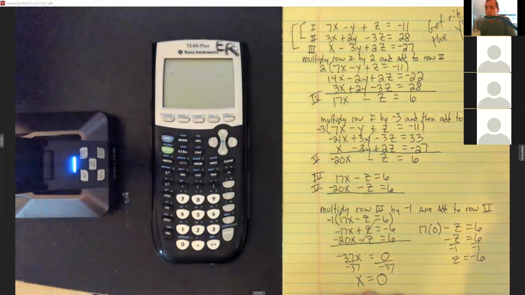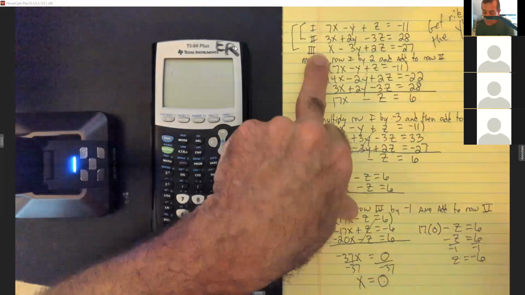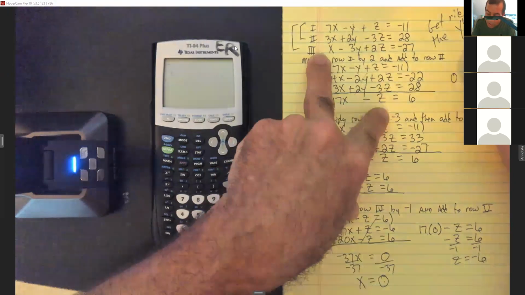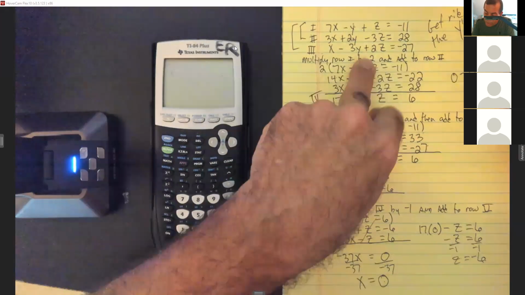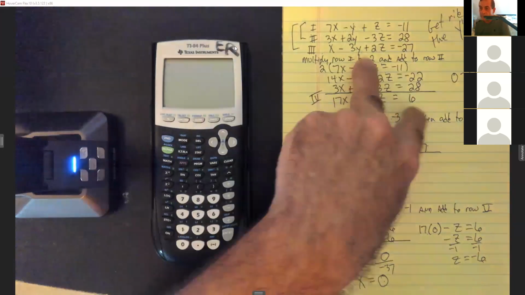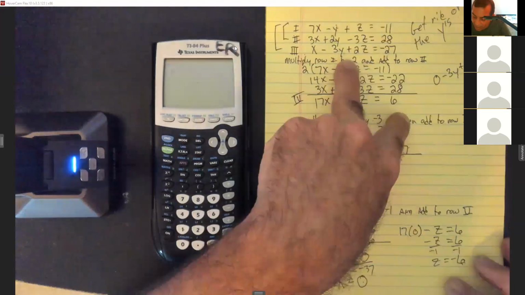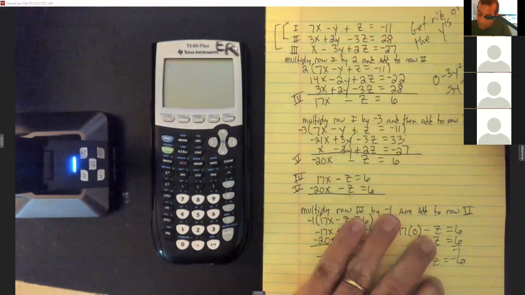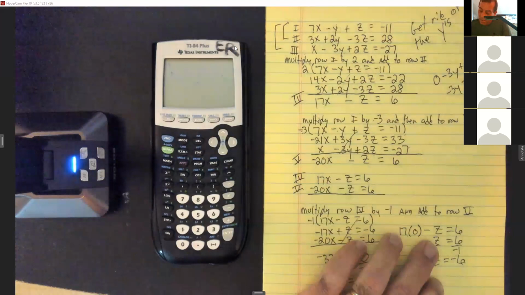Now you got to back substitute into one of the original 3 problems to get the y. I'm just going to use this bottom one. It says x, which is 0, minus 3y, plus 2 times z, which is negative 6, all that has to equal negative 27. So that's going to be negative 3y, 2 times negative 6 is negative 12, equals negative 27.